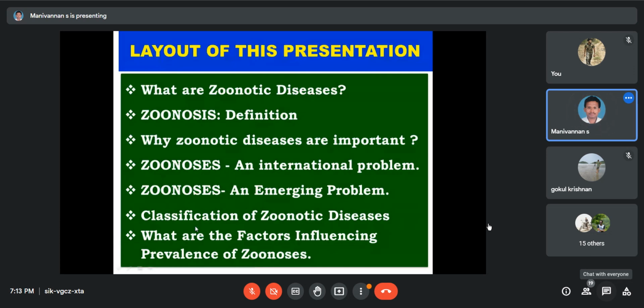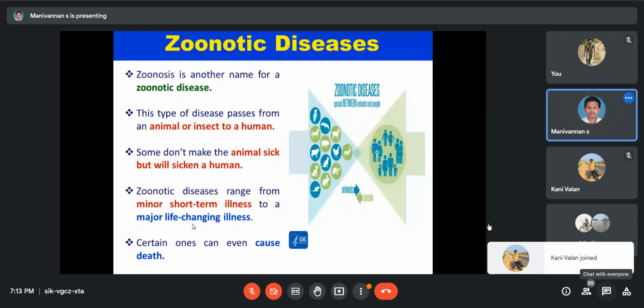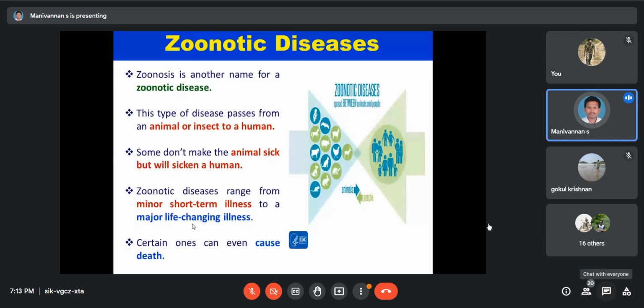Some brief introduction about zoonosis. The word comes from zoon, which means animals, and nosis, which means illness.